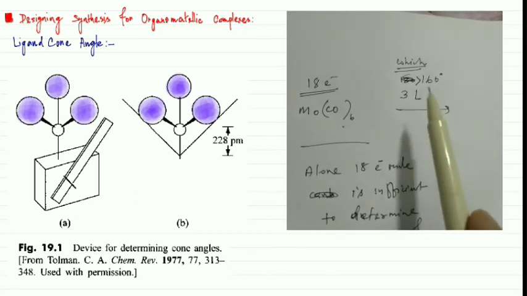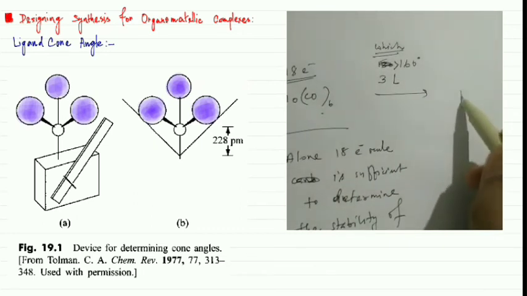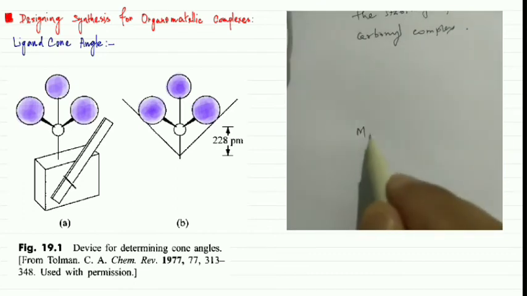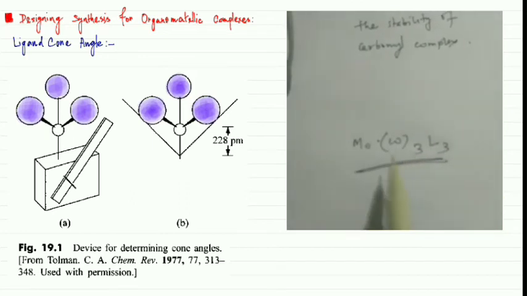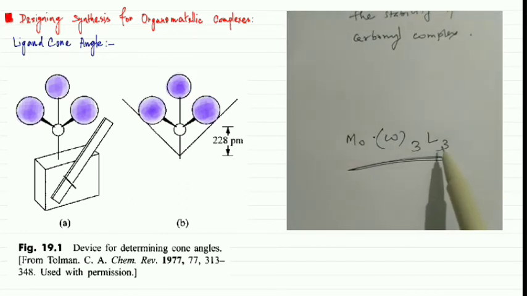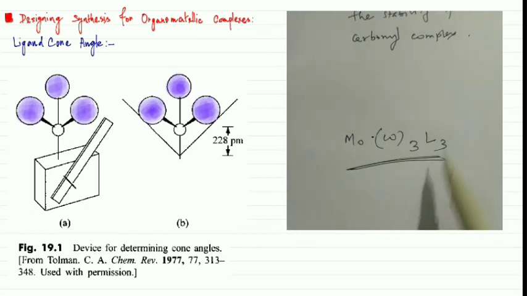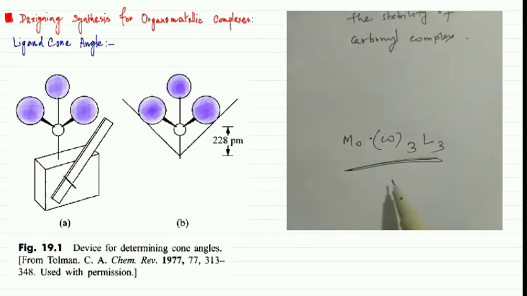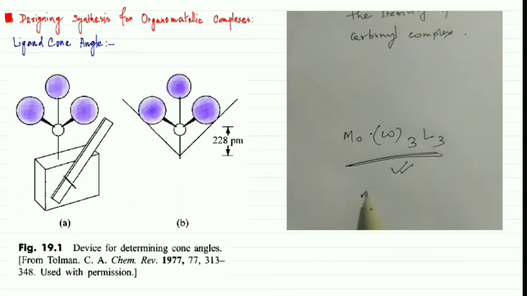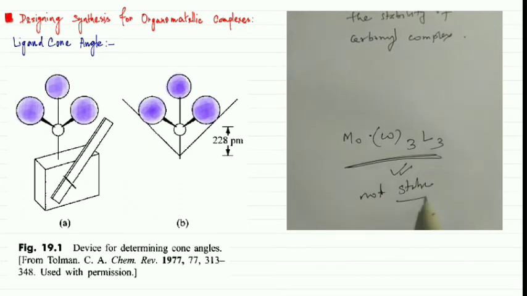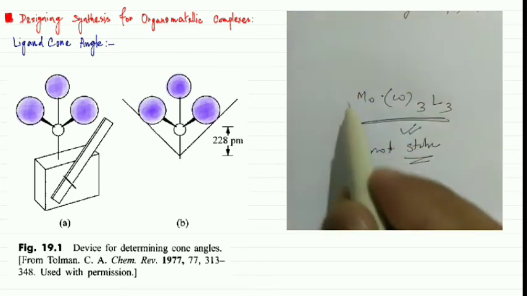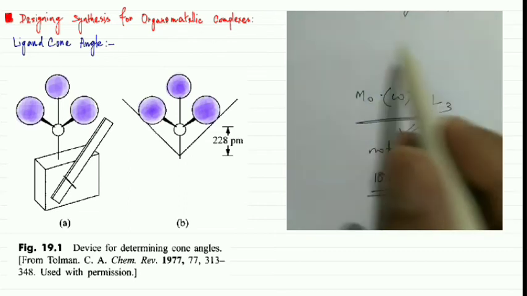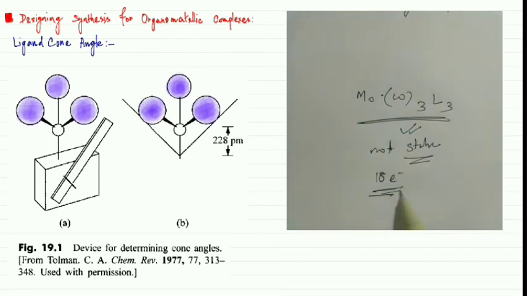Because let's suppose it is possible to form this complex. That means 3 carbonyl ligands are replaced by 3 ligands which have a cone angle more than 160. So this complex will not be stable, even though it follows the 18 electron rule.